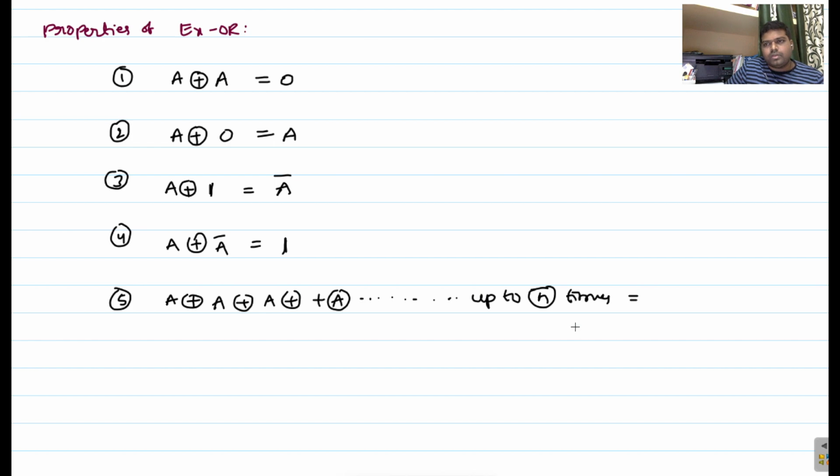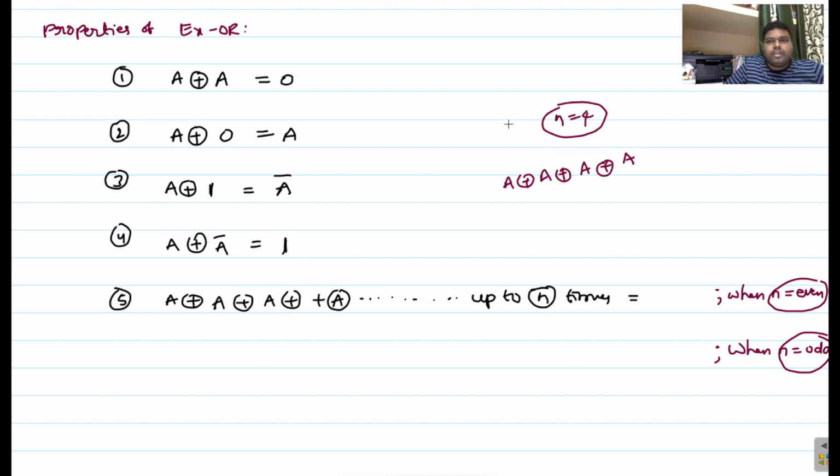So we have two possibilities: when n equals to even number of A's, and when n equals to odd number of A's. So when n equals to even, for example, A XOR A XOR A XOR A, n equals to 4, you can assume.